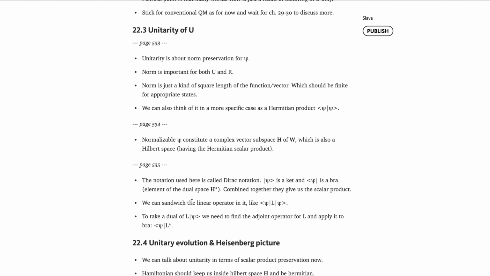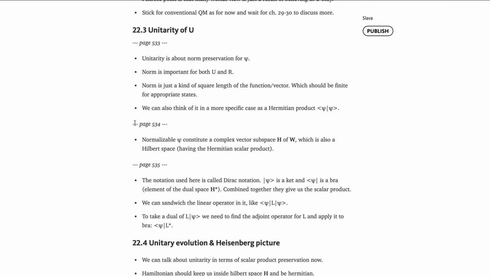So in the next one we will talk about unitarity in a theoretical setting. Basically, unitarity is just about the norm preservation for our wave function, and from the previous chapter we can remember that the norm is defined as the integral over the whole space of the squared modulus of our wave function.